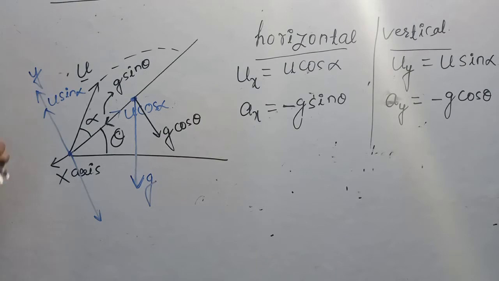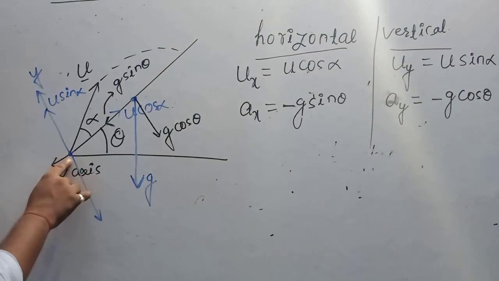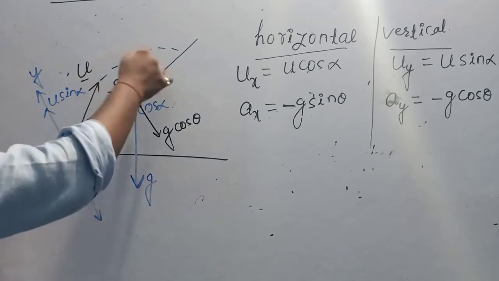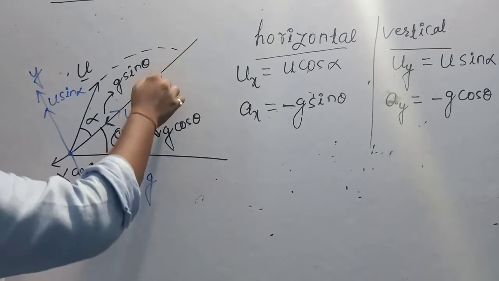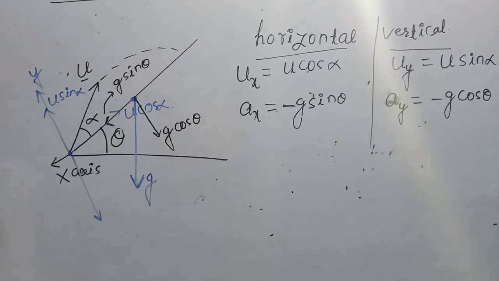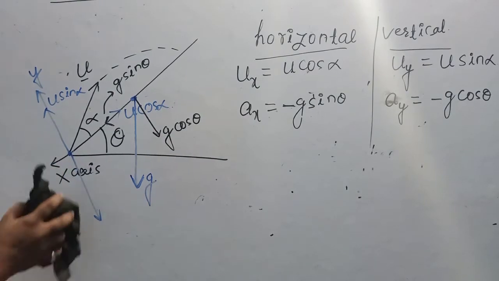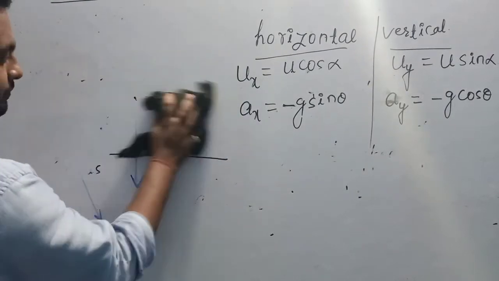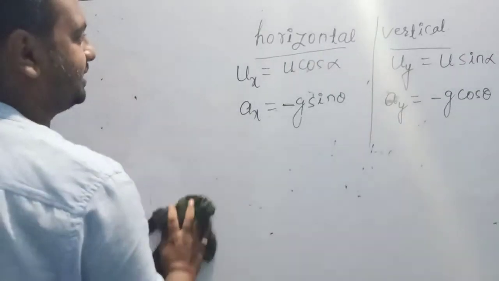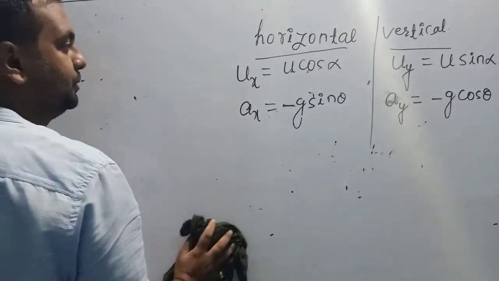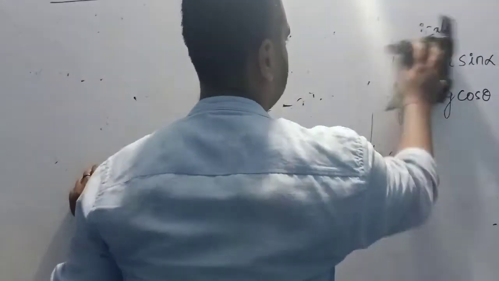That is called time of flight. Time of flight is the time taken by the projectile to reach again the surface of the incline from where it is projected. So first I am going to calculate the time of flight.